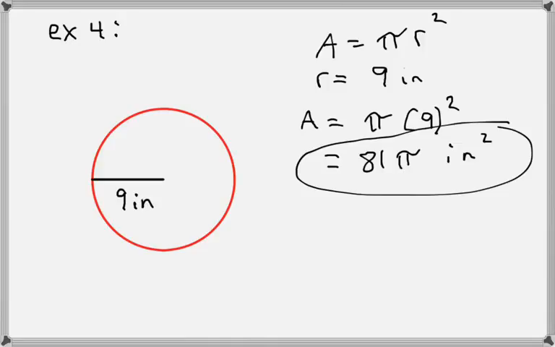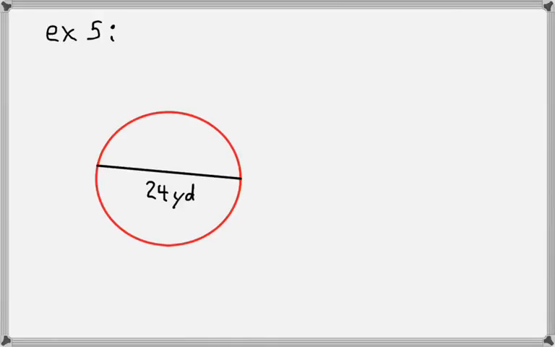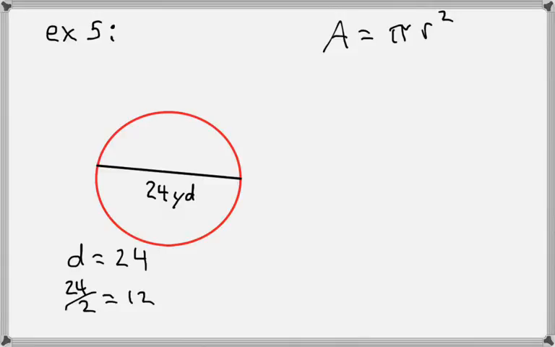Let's look at another example. In this example, we have a circle with a diameter of 24. Our formula for area calls for a radius. So how do we figure out the radius when given a diameter? Well, the diameter is equal to 24, and we know that the diameter is just 2 times the radius. So we're going to take the 24 and divide by 2 to get 12, which is going to give us our radius.